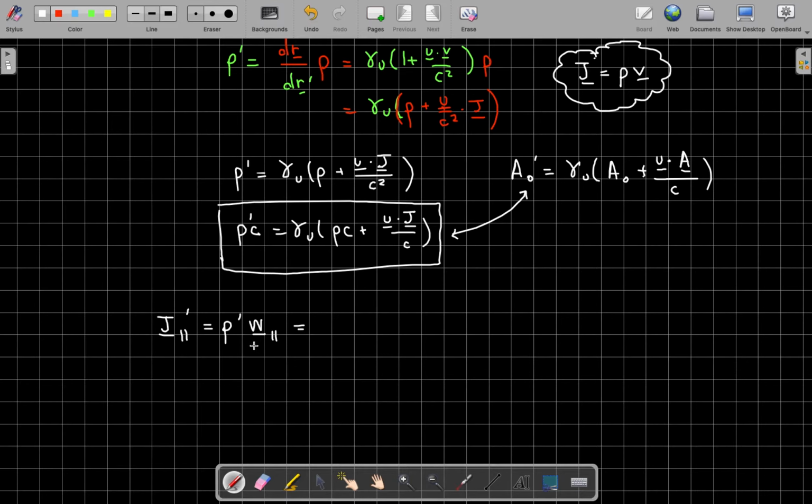Okay, we found this. We found rho prime. It's just gamma u times rho plus u dot J over c squared, multiplied by this right here.